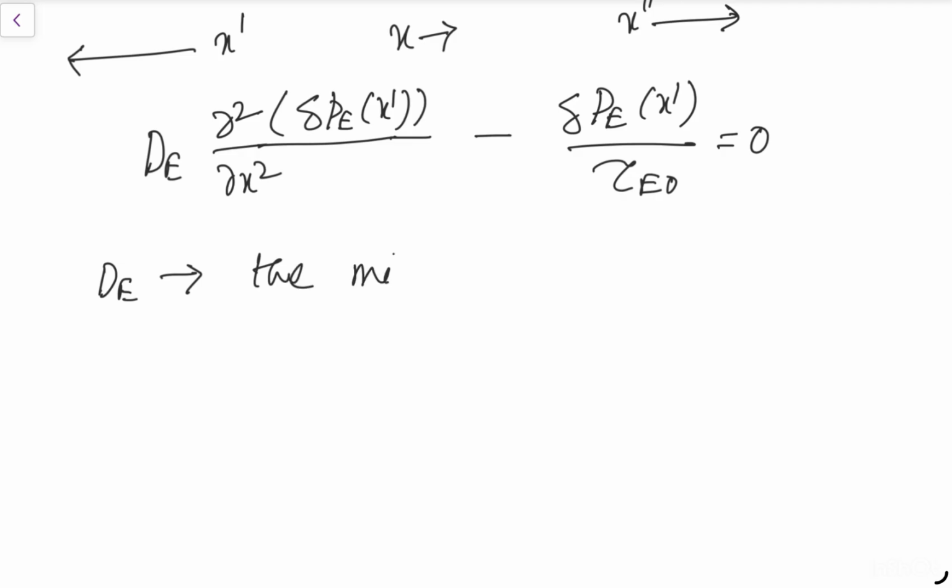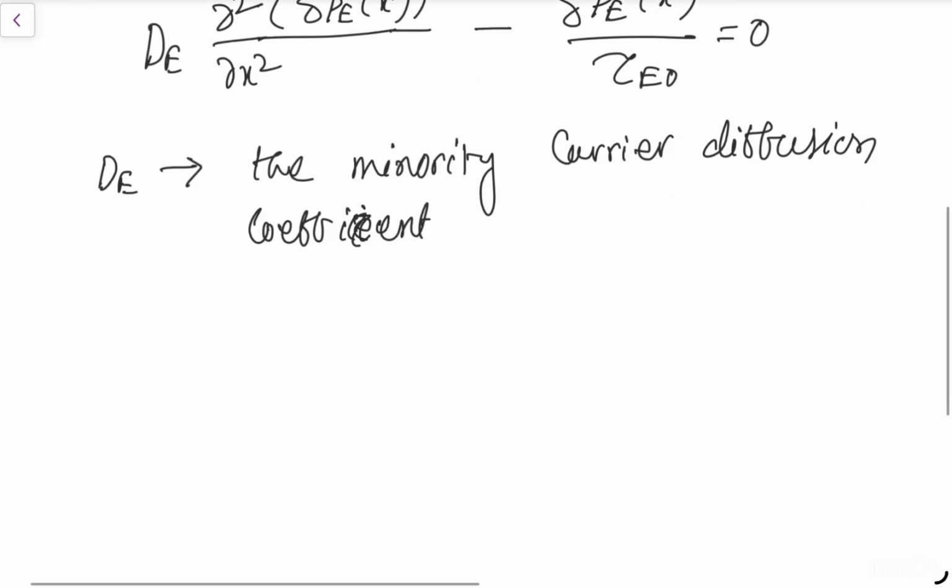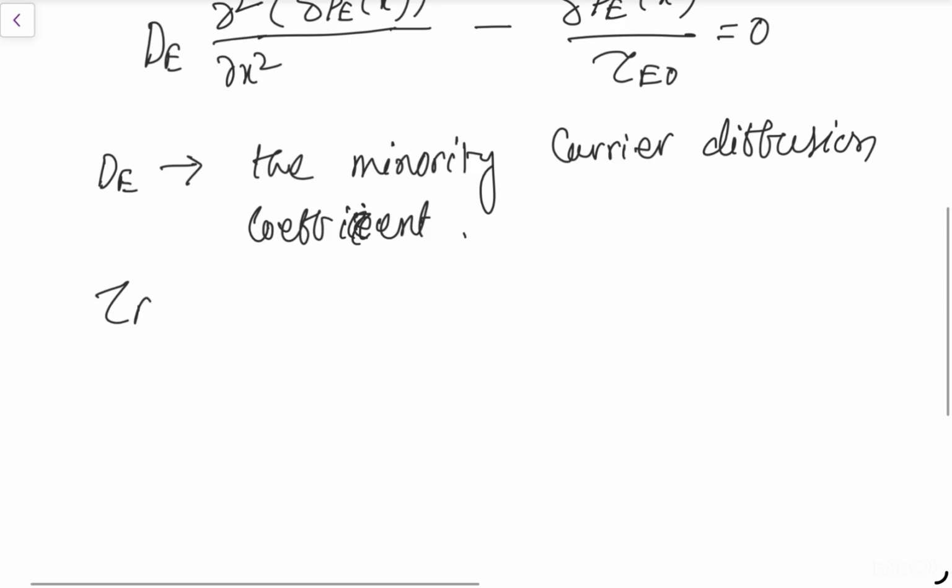So De is the minority carrier diffusion coefficient, and tau e0 is the minority carrier lifetime. What is minority carrier lifetime?